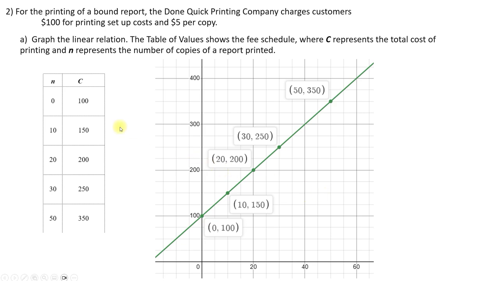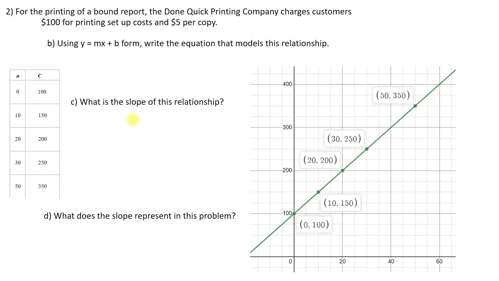well, we could work this out by using rise over run. We'll see that the run here is 10, and the rise is 50. The rise is the difference between 150 and 100, as we'll see in a second. So what is the slope of this relationship?